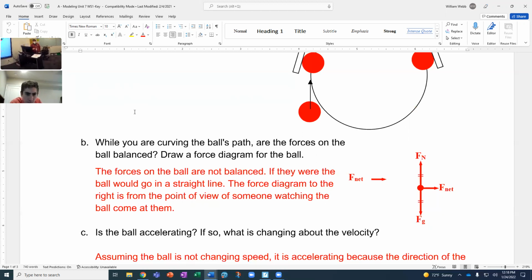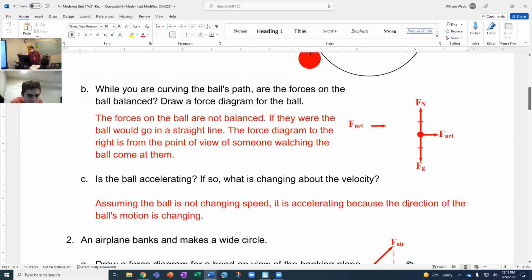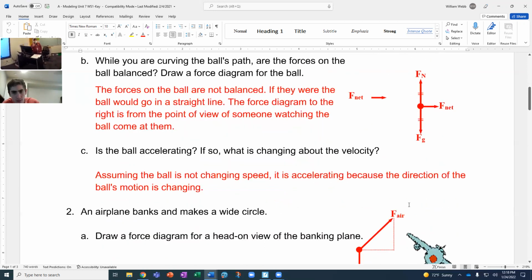So if we look at this free body diagram here, we can see the ball, in the example we did out on the platform. We've got Fg, the weight of the bowling ball, pointed down because of the Earth's gravitational force field. We can see the normal force of the ground pushing up on the ball so that it stays on a flat, level surface of the ground. So those 2 vertical forces are equal and opposite and therefore balanced.